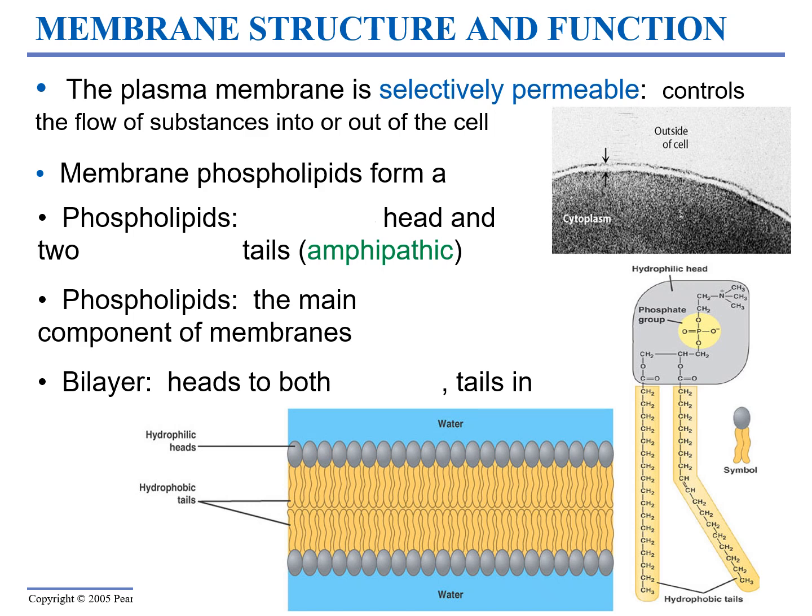So membrane phospholipids form a bilayer, as you can see here. This is a bilayer, and the phospholipids are made of hydrophilic heads and two hydrophobic tails. So I'm going to highlight one phospholipid. So this right here is just one phospholipid, right?